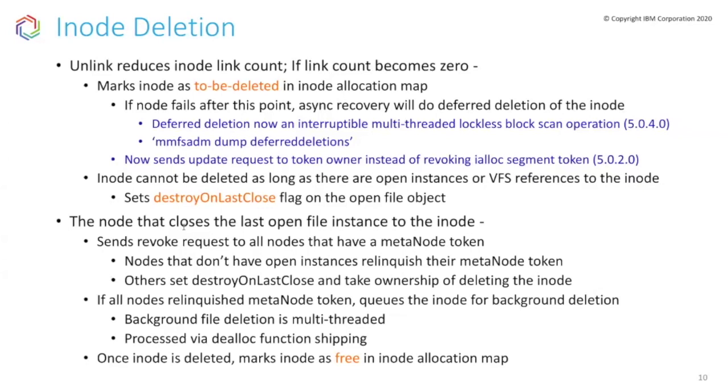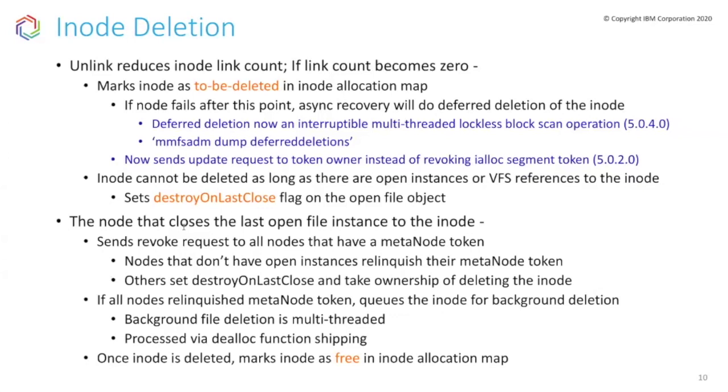So in those cases, you just have to wait for it. Or in case there is a node failure, then you get into this deferred deletion mode, and then it gets even slower because now you have to scan the whole inode map and redo this deletion.